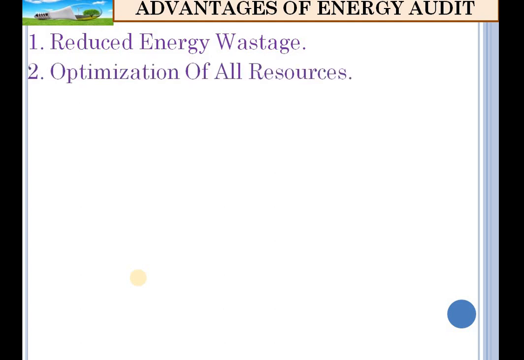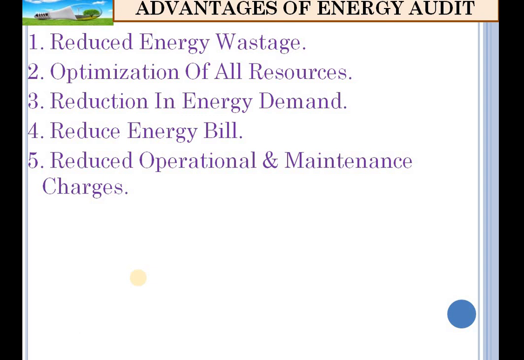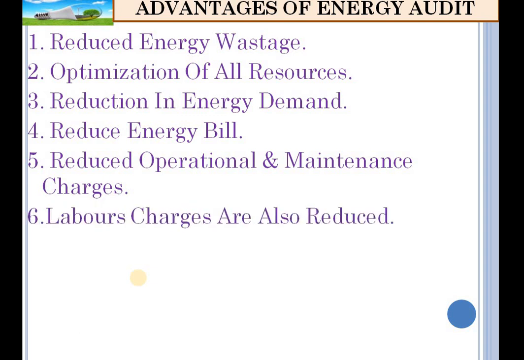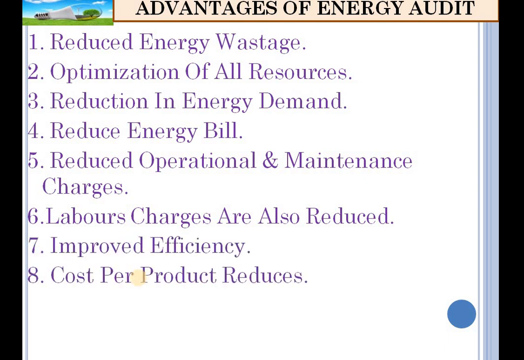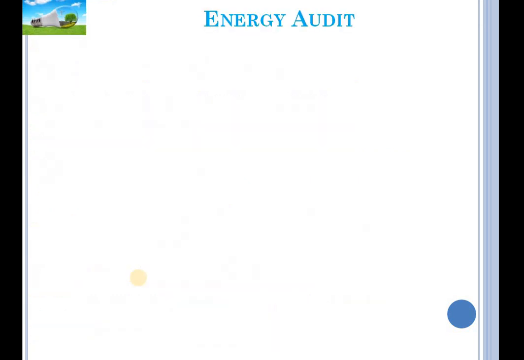There is optimization of all resources, reduction in energy demand, reduced energy bill, reduced operational and maintenance charges, labor charges are also reduced, improved efficiency, cost per product reduces, economical operation is achieved, and more saving is achieved. So all these are advantages of energy audit.